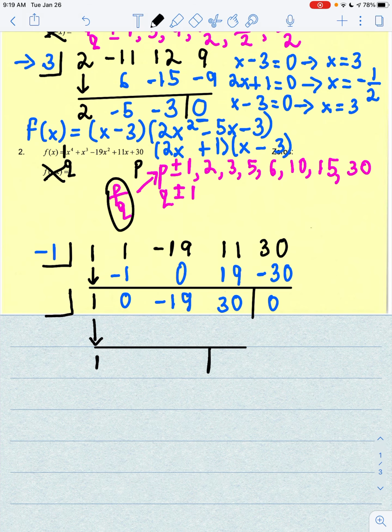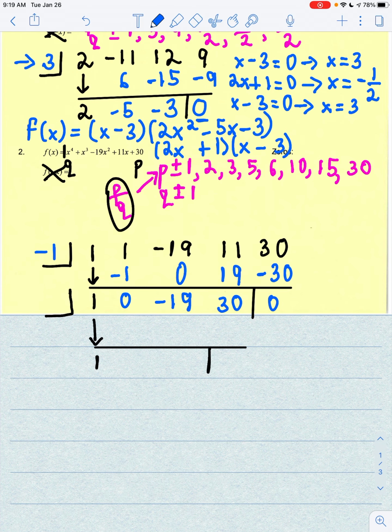So now I'm going to go back and I'm going to continue trying my zeros. Sometimes a 0 can work more than once. Like in our previous problem, 3 was a repeated root, so it actually could work more than once. But I always want you to stop at the quadratic level. Once you reach a quadratic, no more synthetic division. You just do factoring and quadratic techniques to practice with quadratics.